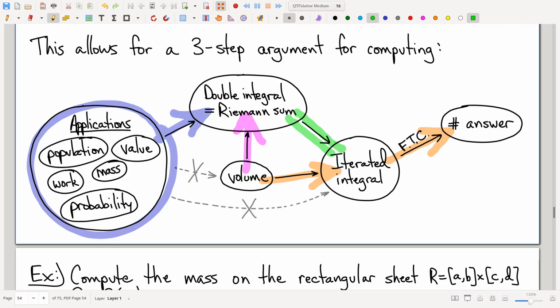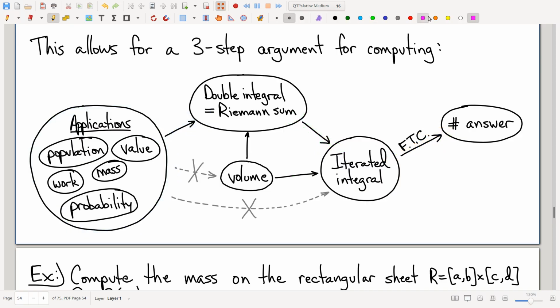But I think this is very satisfying. So now that that's done, look, this is what we really care about. Right? This is how we're going to actually make arguments. Whatever your application is, write it as a double integral. Note that double integrals can be computed with iterated integrals, and then we plug and chug just like we did at the start of class.